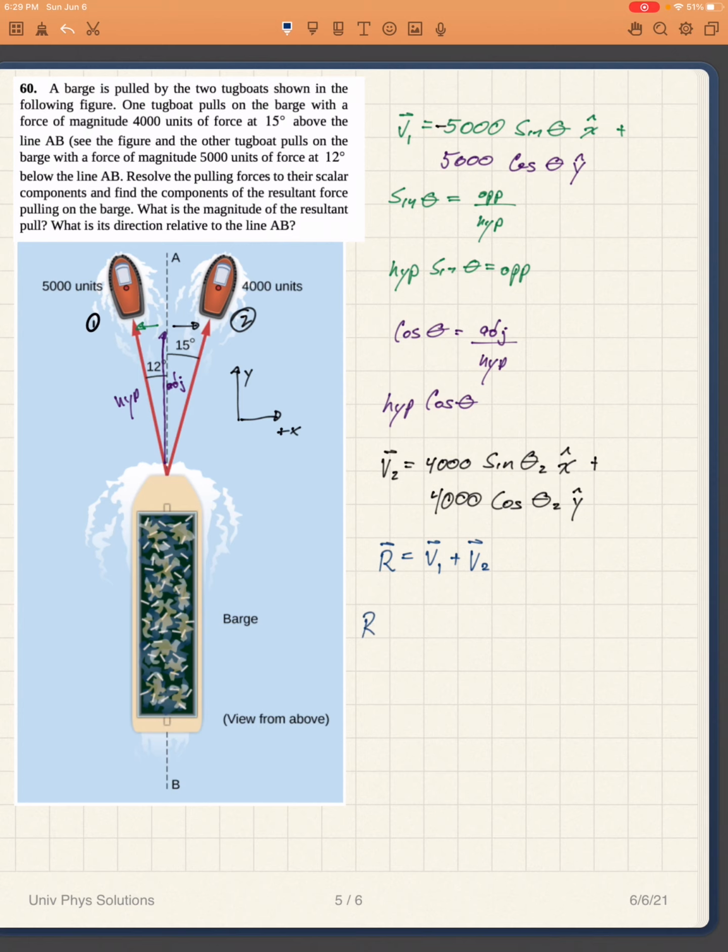So my resultant vector will be a negative 5,000 sine of theta 1 plus 5,000 cosine of theta 1 plus 4,000 sine of theta 2 and then plus 4,000 cosine of theta 2.